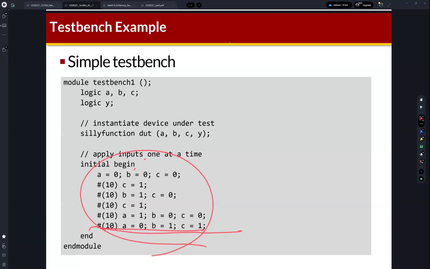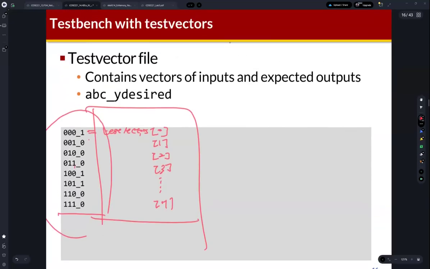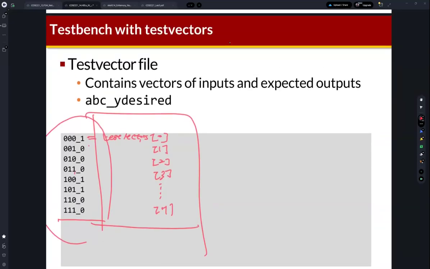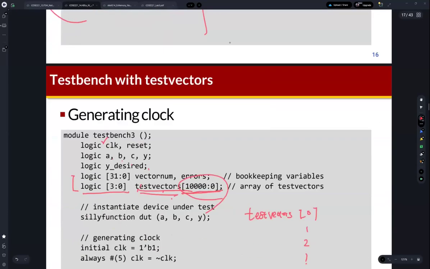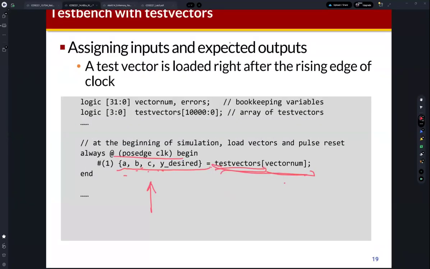So we can use a test vector. You can generate a test vector file, and by reading this file, we can assign the test vector inputs to the input stimulus. This input stimulus is given to the design under test, and then we can also check the desired output value against the generated output signals.